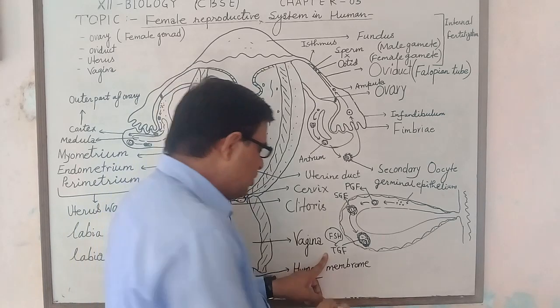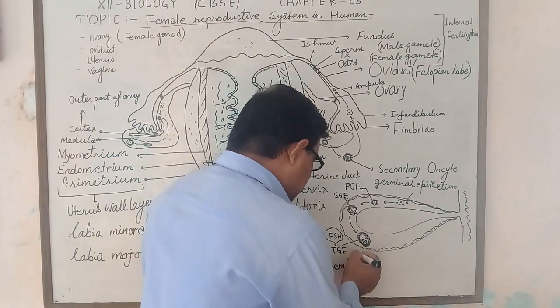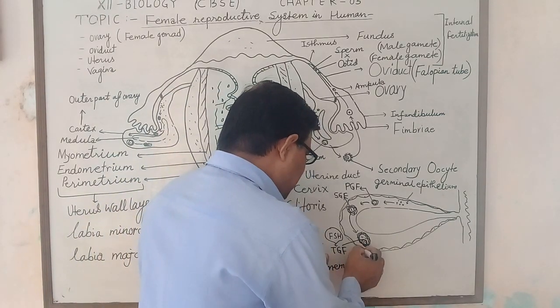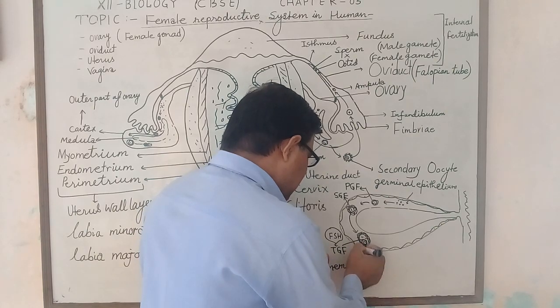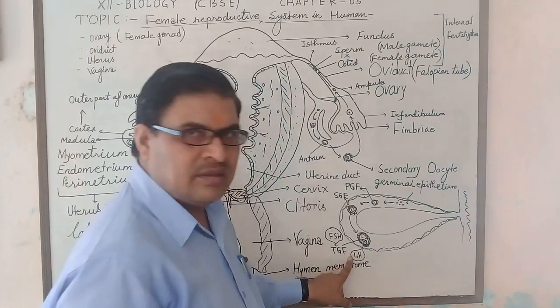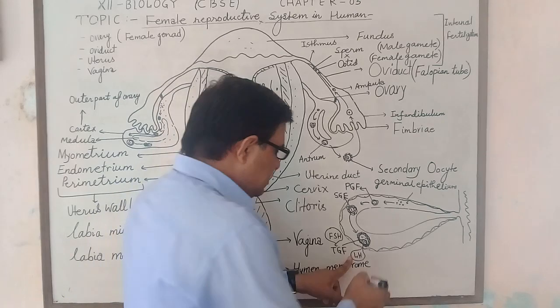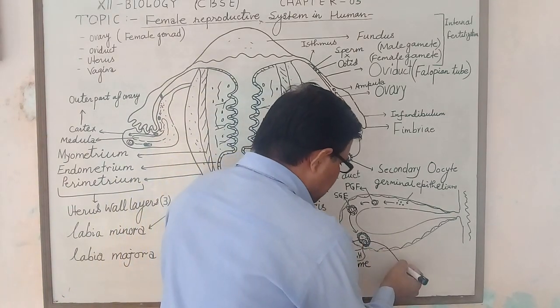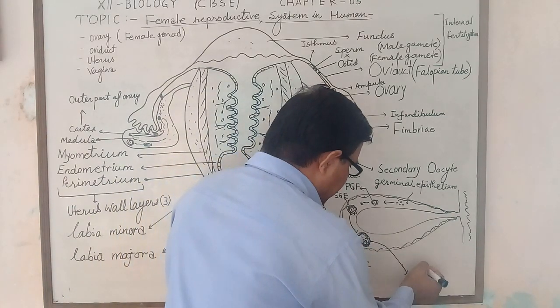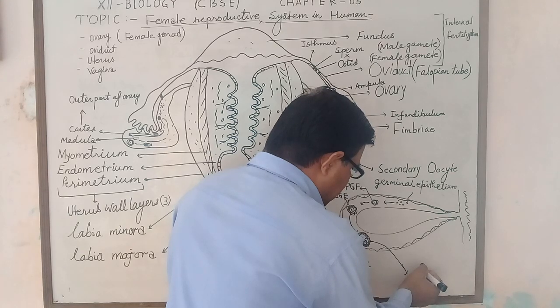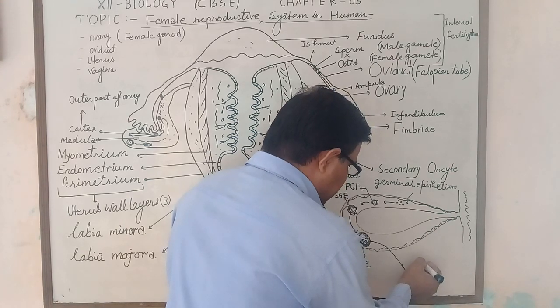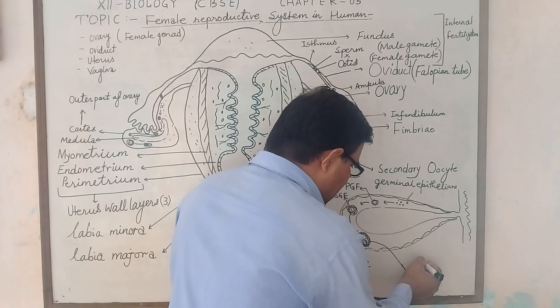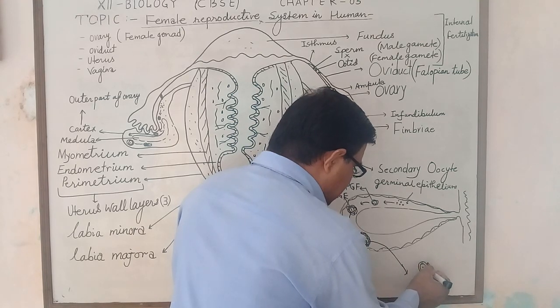When the hormone LH influences the tertiary Graafian follicle, the secondary oocyte is released. This is the first polar body and the secondary oocyte, which is surrounded by the zona pellucida.